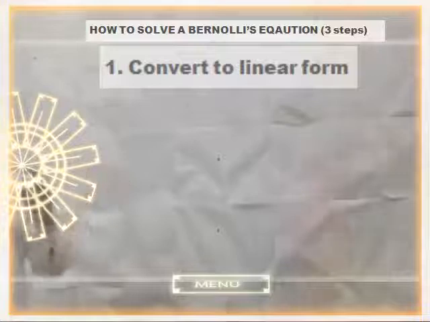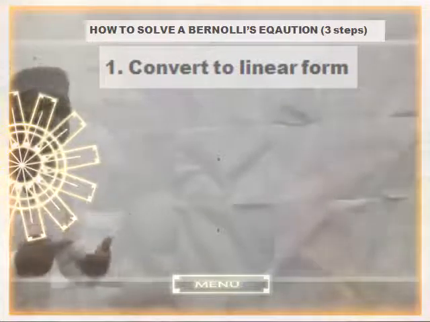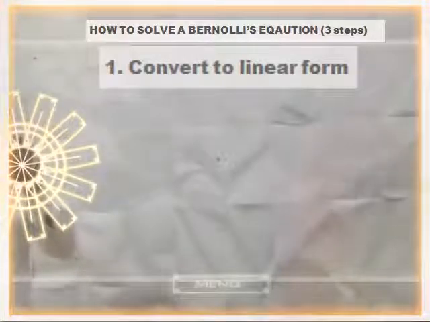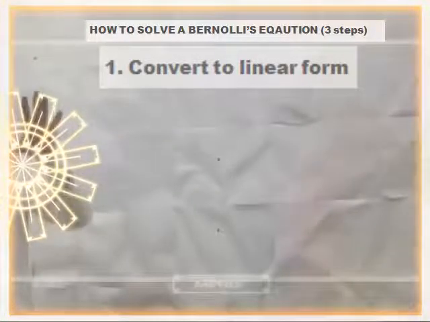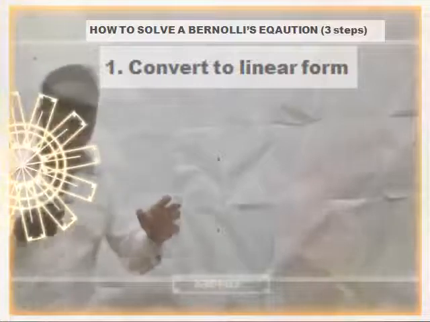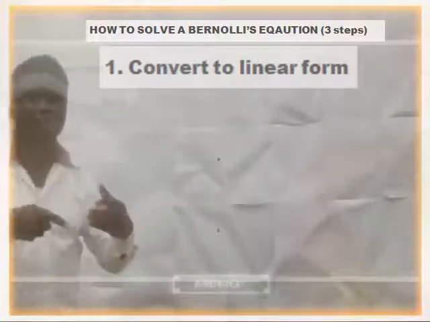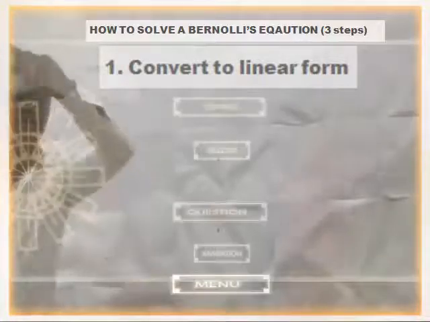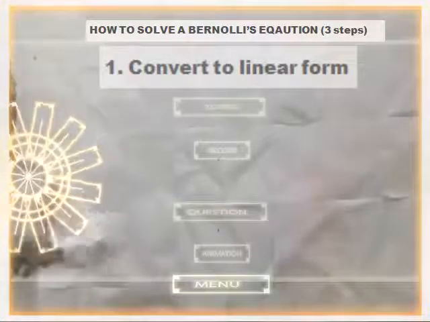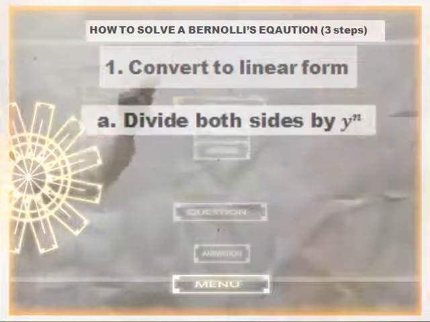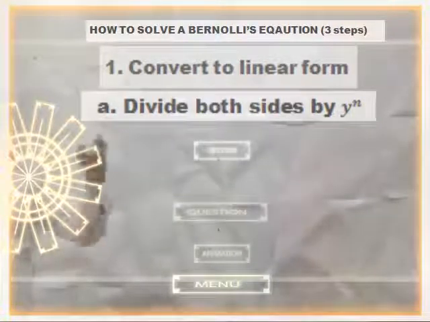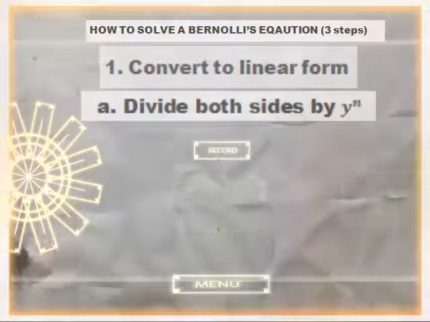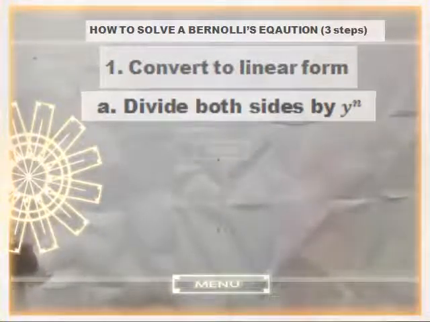So the first thing to do, if you are trying to make the Bernoulli equation become a linear equation, you just divide both sides by y to the power of n.